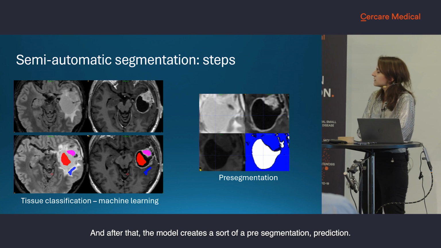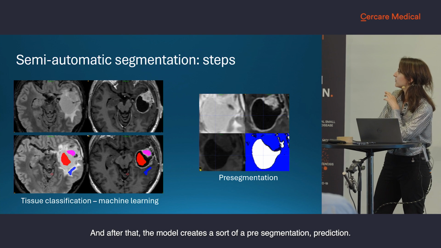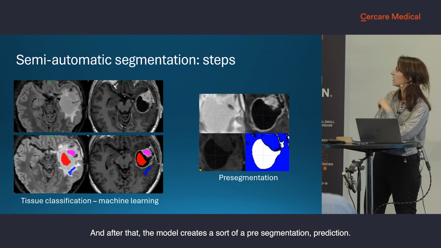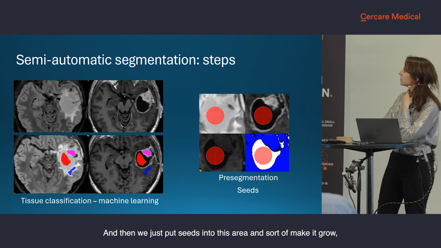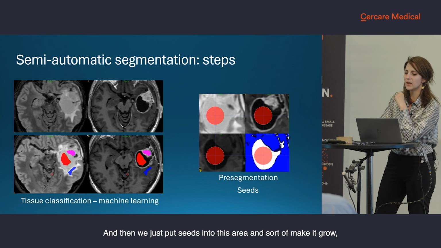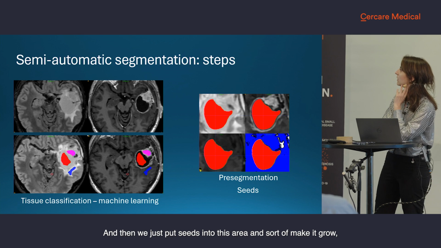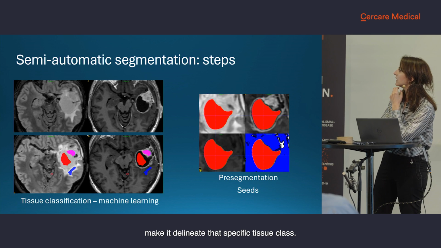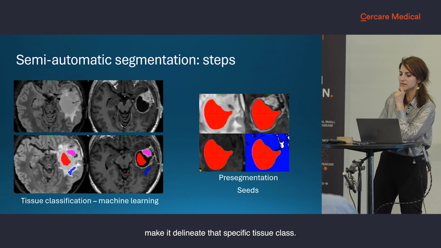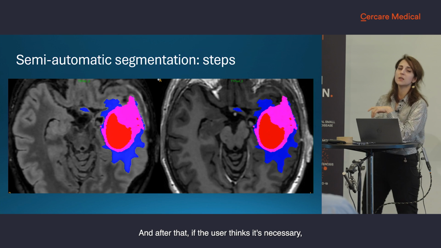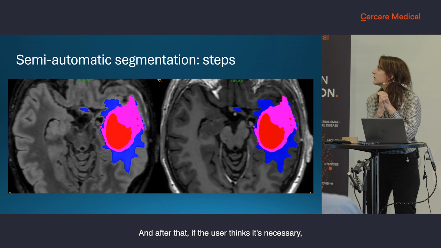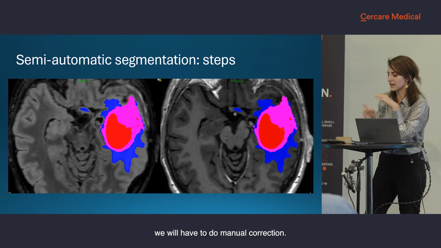After that, the model creates a pre-segmentation, a prediction, and then we put seeds into this area and make it grow, make it delineate that specific tissue class. And after that, if the user thinks it's necessary, we will have to do manual correction.